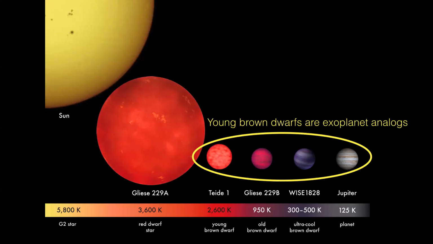They have overlapping temperatures, radii, masses, and ages. However, since they're isolated, nowhere near a star, we can observe them in really exquisite detail. And by focusing our attention on these isolated giant planet analogs, we can set some expectations for future observations of directly imaged exoplanets.